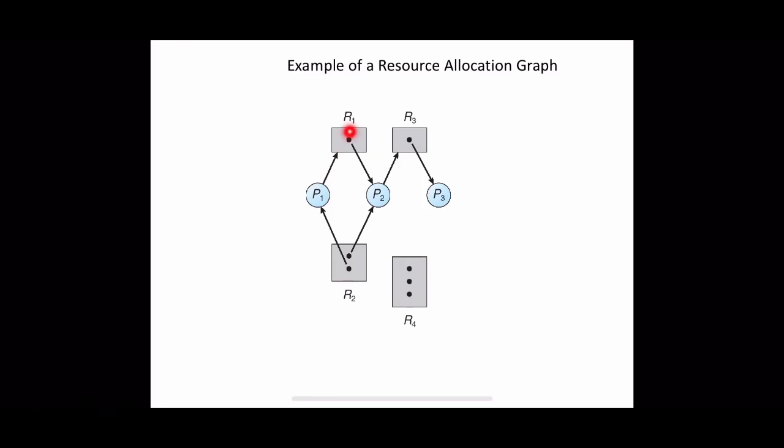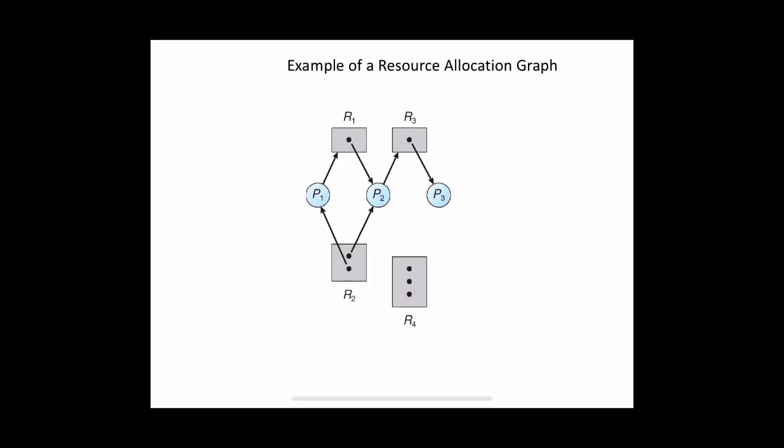And we have another edge from R1 to P2. That's an assignment edge, right? So it's definitely from the instance of the resource to the process. And that means that an instance of resource type R1 is assigned to P2. We can see here that R1 and R3 are resource types of single instances, whereas R2 contains two different instances and R4 contains three different instances.